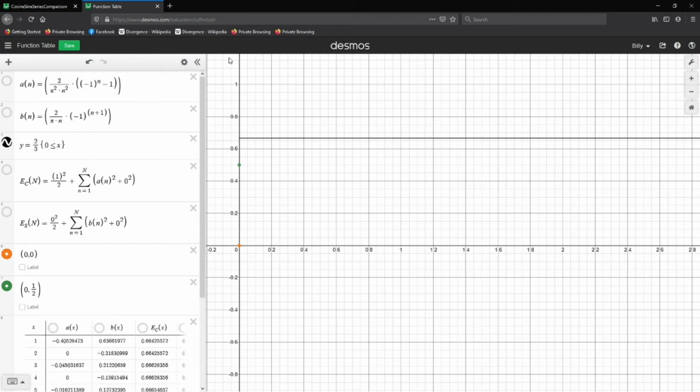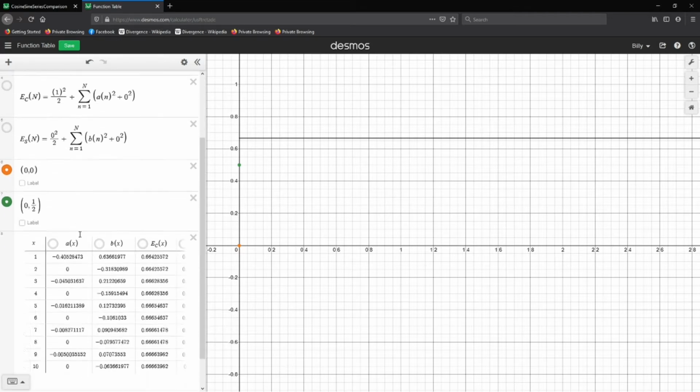This axis is the energy axis, and this axis right here is the n axis. We're going to be plotting here a comparison of the cosine series energy and how it changes for various values of n, along with the sine series energy and how that changes for various values of n.